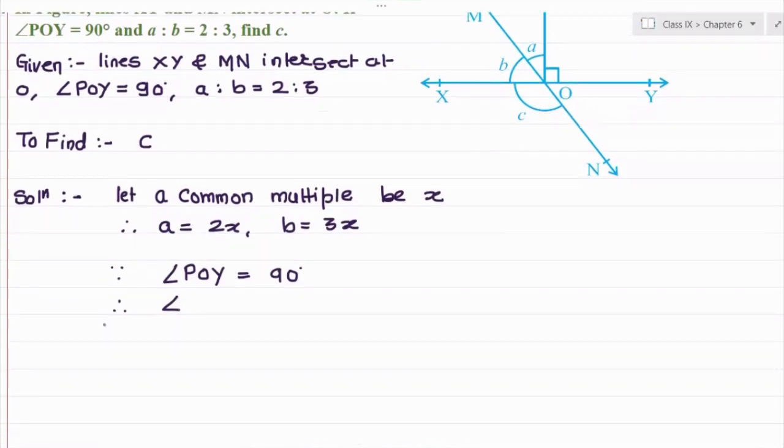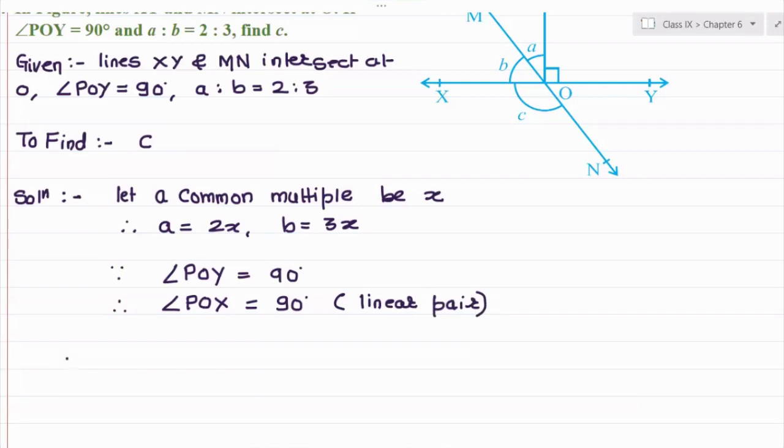So I will write: therefore angle POX will also be 90 degrees. You can write different reasons; I am writing here linear pair. Both angles form a linear pair, one angle is 90 degrees, so the sum is 180. From 180 we subtract 90, it will become 90 degrees. So the value of angle POX is equal to 90 degrees.